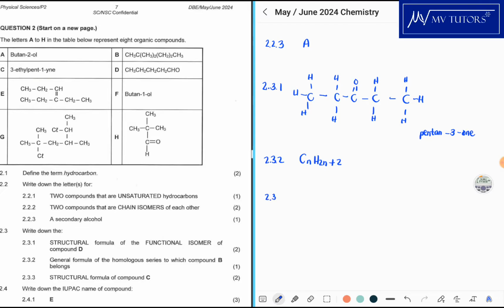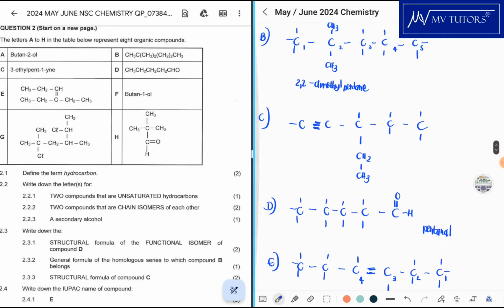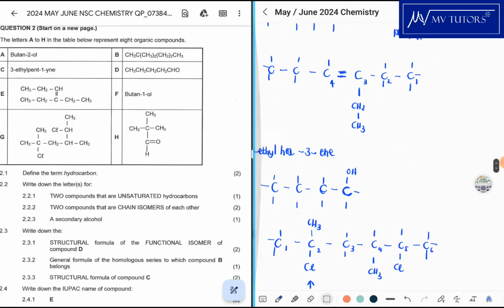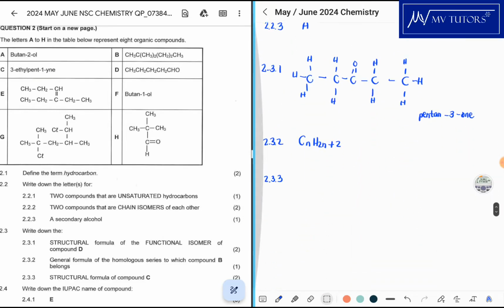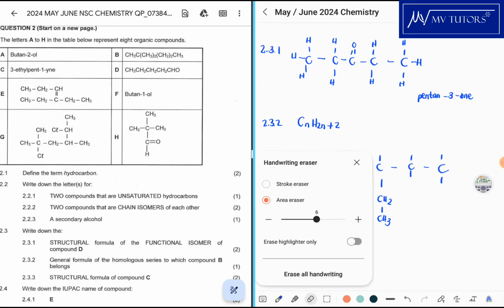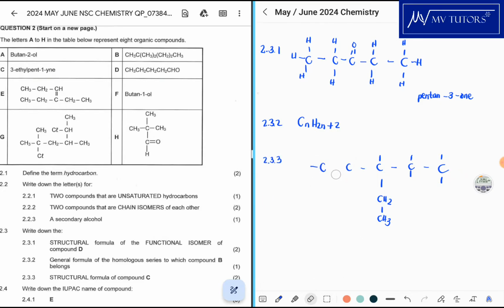And then 2.3.3. Write down the structural formula of compound C. Okay, structural formula. I will have to edit it a bit. I know in an exam you can't exactly copy and paste. Sorry. Okay, so let's just draw this properly.